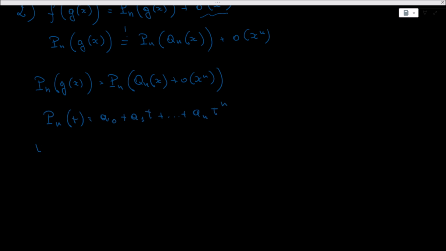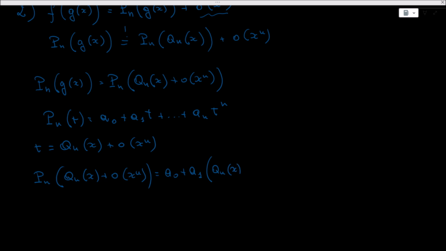So if we replace t with Qn of x plus little o of x to the n, we have that Pn of Qn of x plus little o of x to the n is simply a0 plus a1 times Qn of x plus little o of x to the n plus dot dot dot an, and finally there will be Qn of x plus little o of x to the n, all raised to the n.